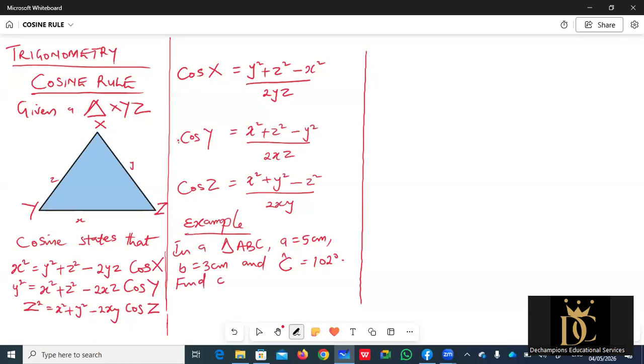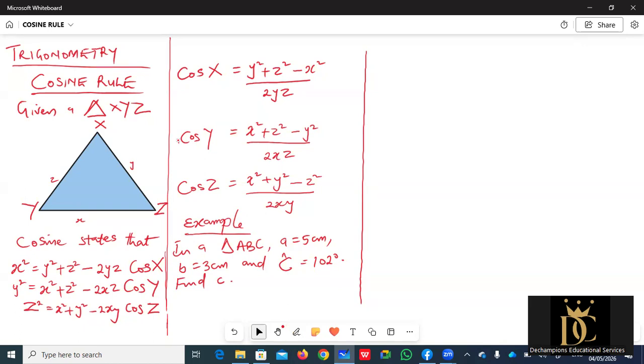Find c. So in this question, you are given side a and side b. Two sides are given, and an angle is also given. So you are asked to find the third side. In this case, you have to make use of cosine rule.